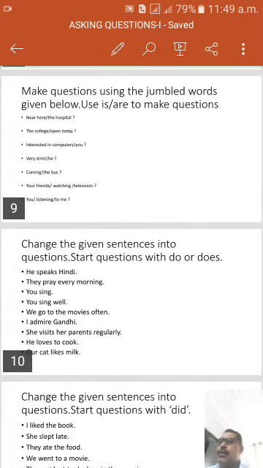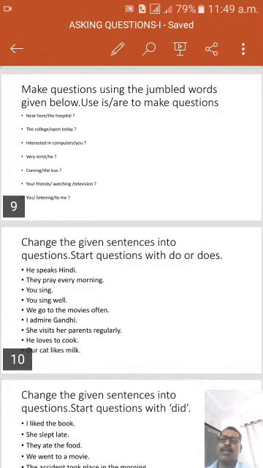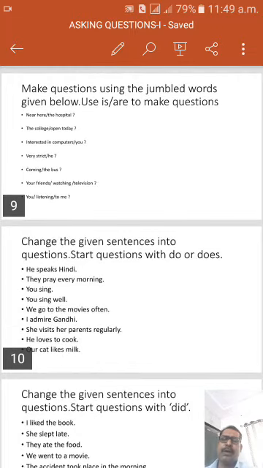Next, change the given sentences into questions. Write questions with do or does. Nine sentences are given. You have to convert these nine sentences into yes or no type questions, and each question should begin with do or does.